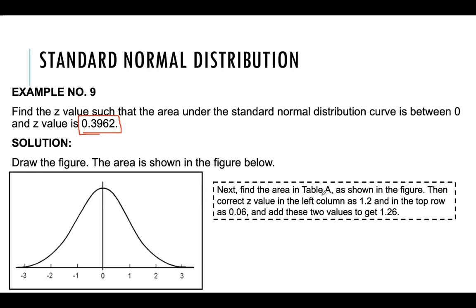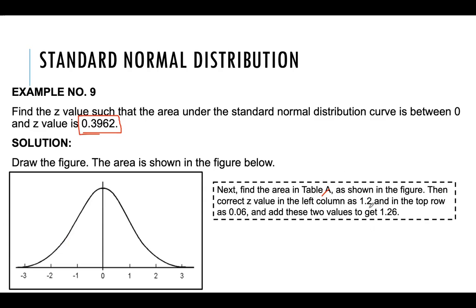In table 2.9, class, let us look for which z value has 0.3962.